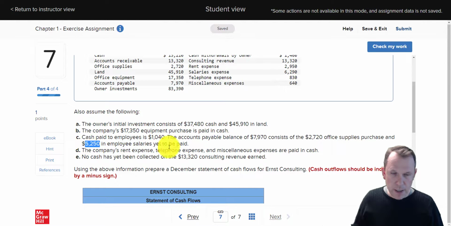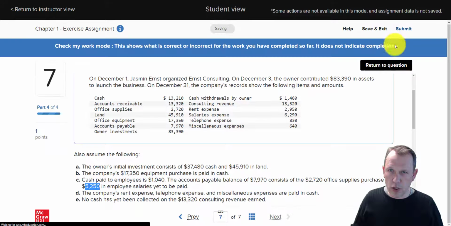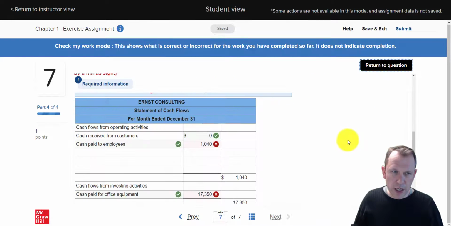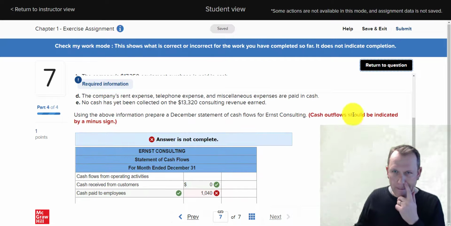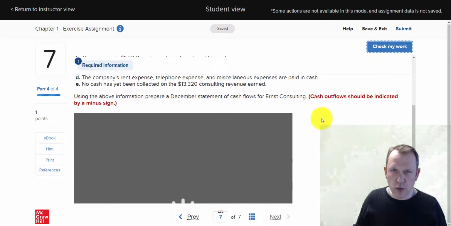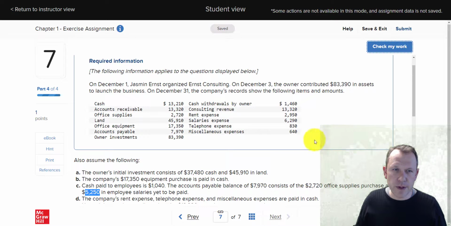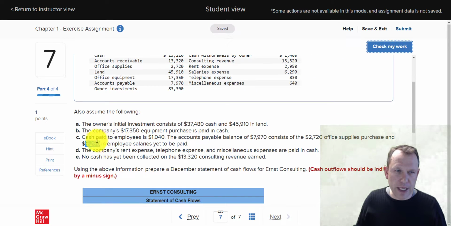Okay. So that's that. Let's see if it likes our work so far. We can always check our work here and see. So it looks like we're off with cash paid to employees. Okay. So we're gonna adjust this number just a little bit, right? Cash paid to employees is 1,040, and so we have a salaries expense as well on here, right?